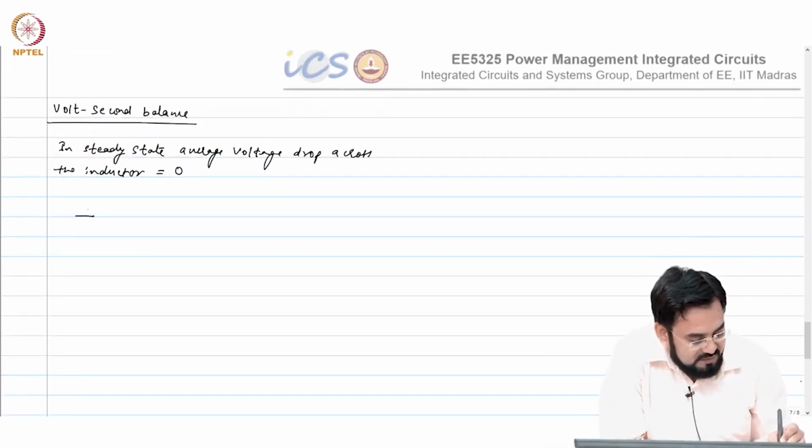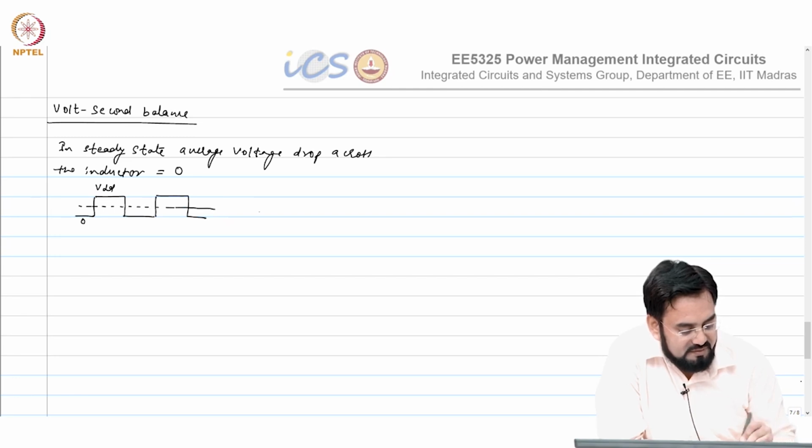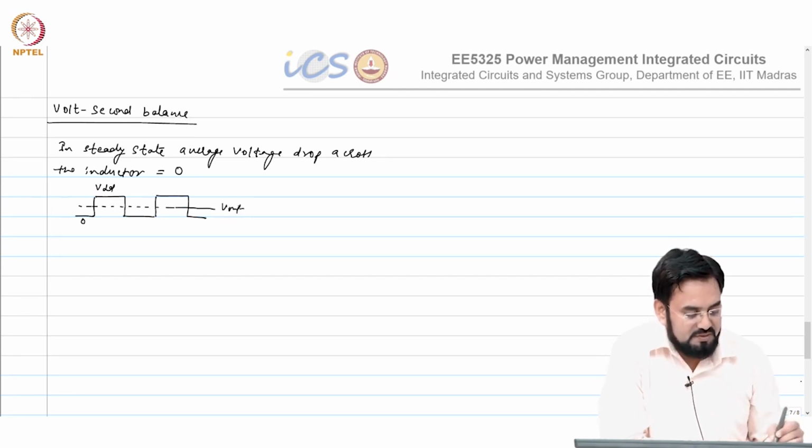So we know this is your PWM, 0 to VDD, and the average will be your V out.